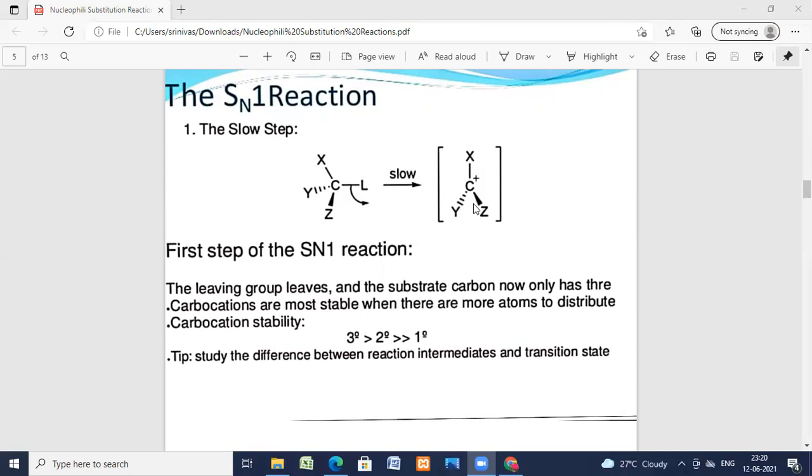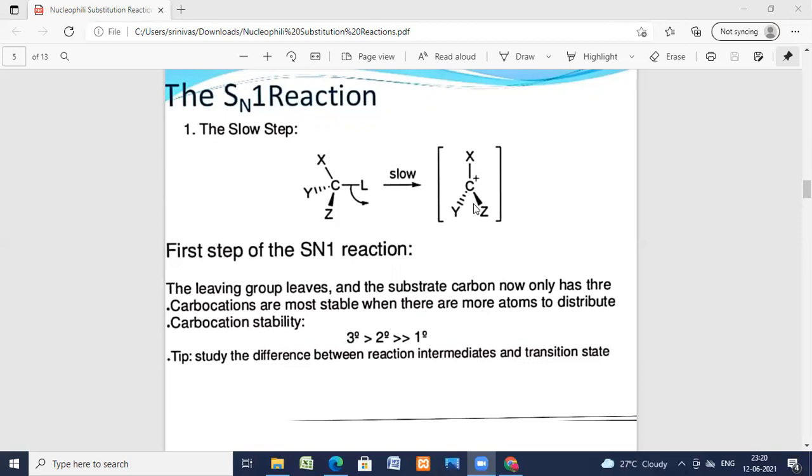This is the slow step, hence it is the rate determining step. The carbocation so formed is the intermediate of the reaction. In the second step, the nucleophile attacks the carbocation to form the product tertiary butyl alcohol.